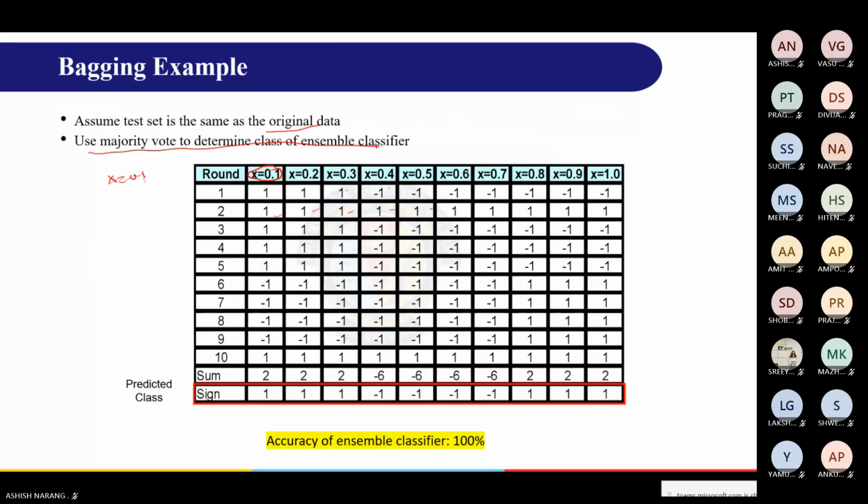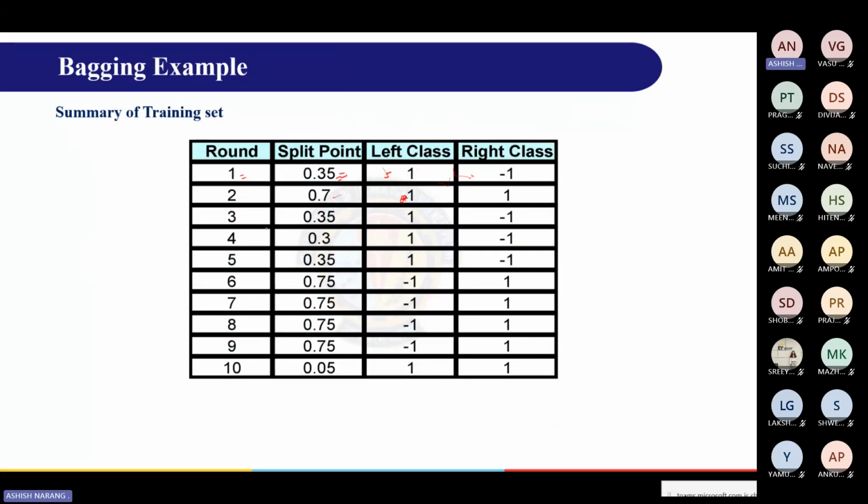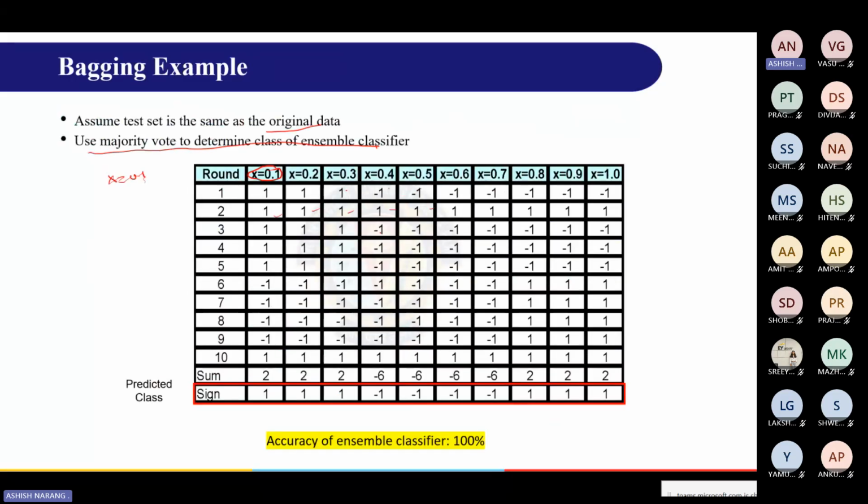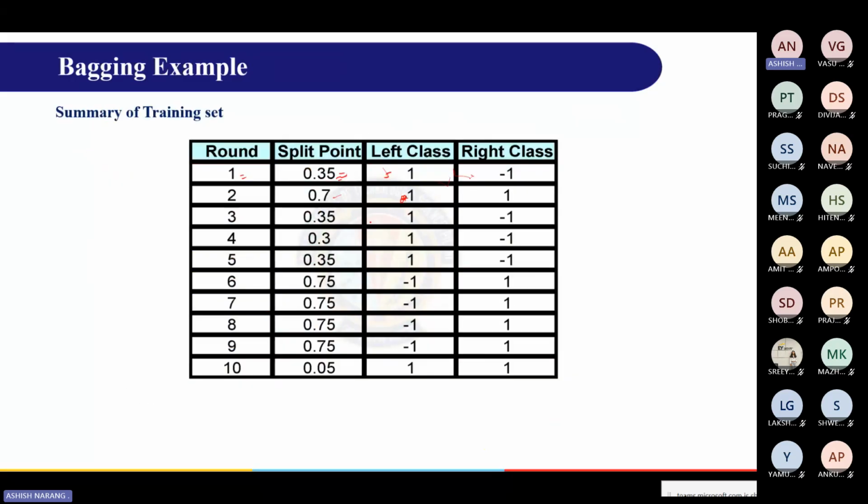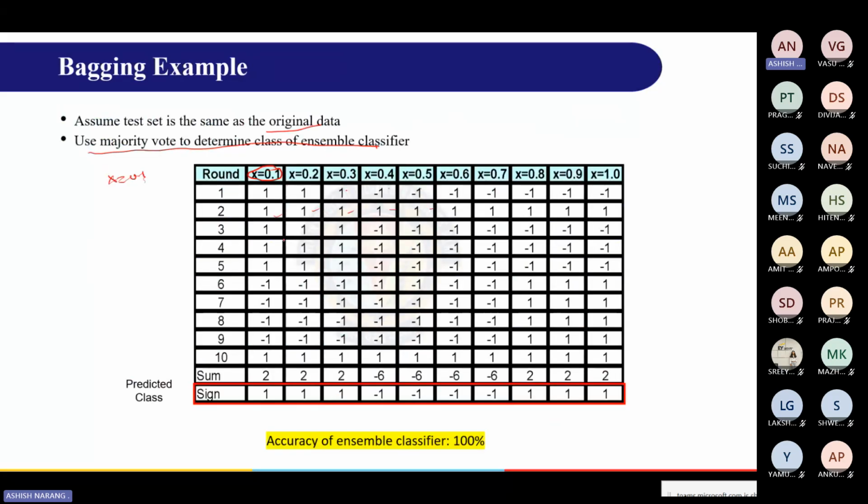Round 3, the value is 0.35, same as the first, and the result is also the same as the first. Then it is 0.3, left class is 1, right is -1. So till 0.3 it is 1, the rest all is -1.